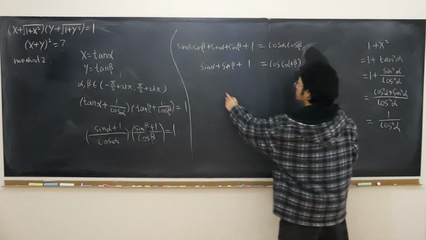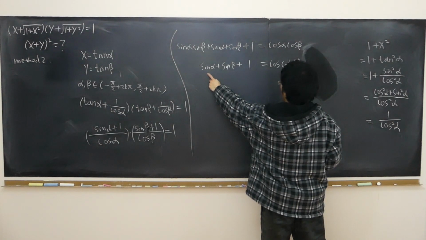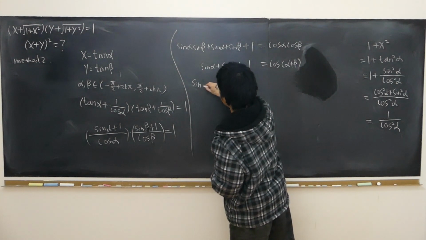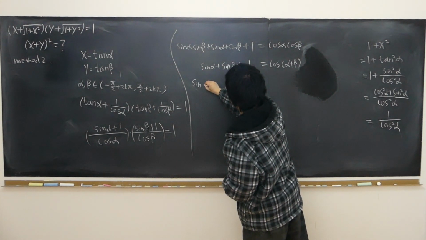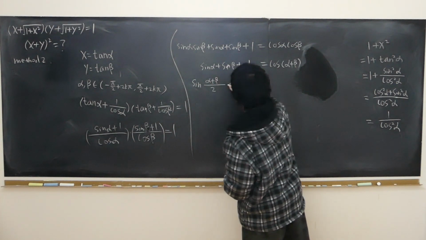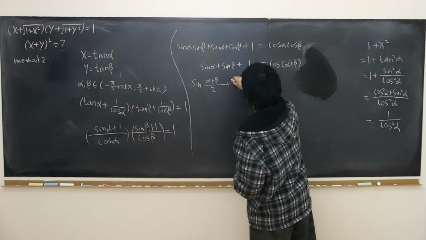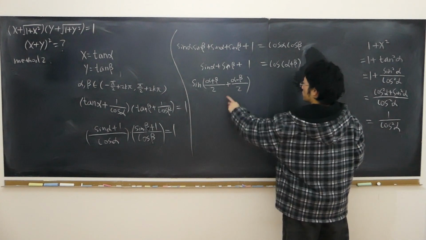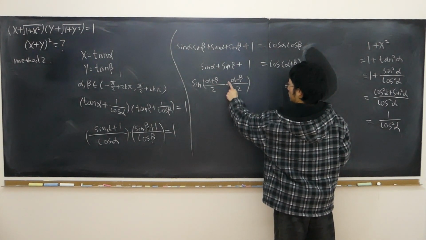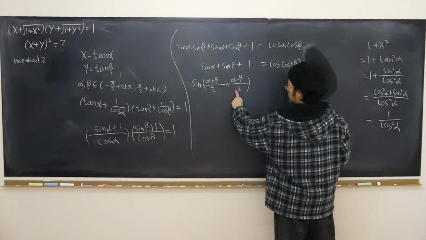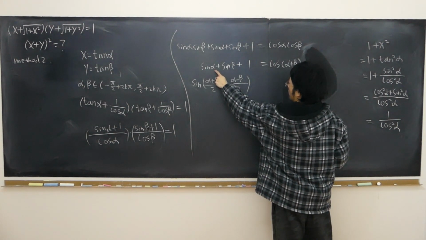Sine alpha can be written, I'll just quickly prove that, as sine of half of alpha plus beta plus half of alpha minus beta. Let's double check that. Alpha plus alpha is twice alpha, plus beta minus beta cancel out. So twice alpha over 2 is alpha, exactly the same thing.